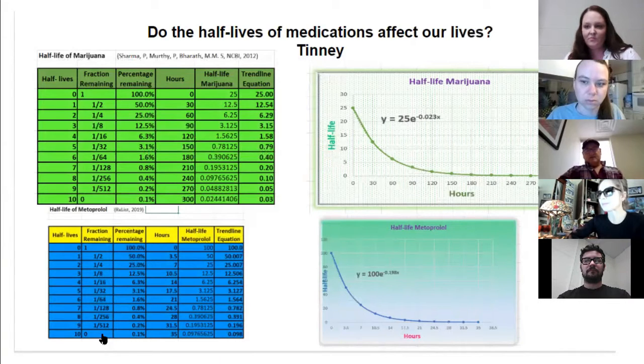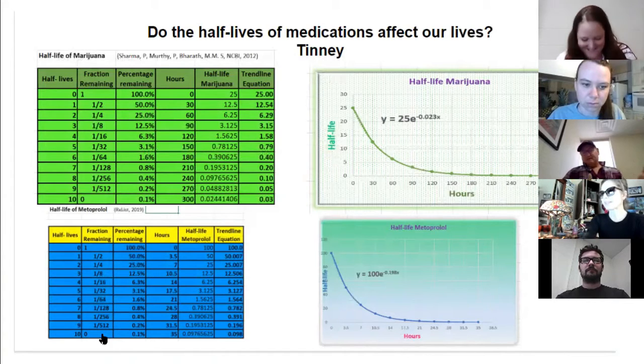If you look at the chart, it stays in your system for over 300 hours. You'll still have a trace amount that they can check. The way it would affect your life is if you were trying to get employed, the employer would have you take a urine test, and if you test positive, then you don't get the job. That's just the way we call it. So you have to be careful and think about it if you're going to be using these types of substances.